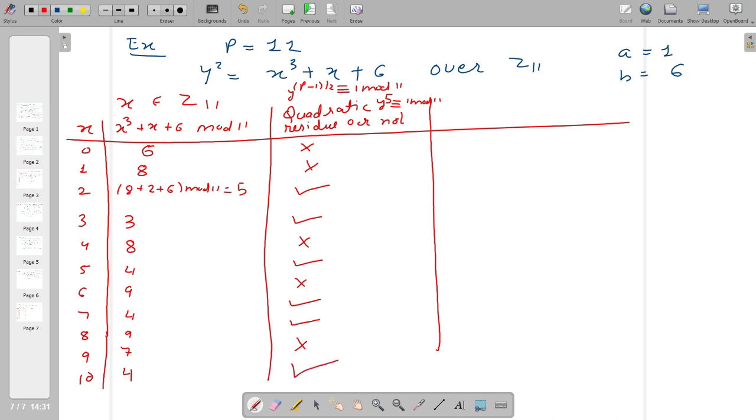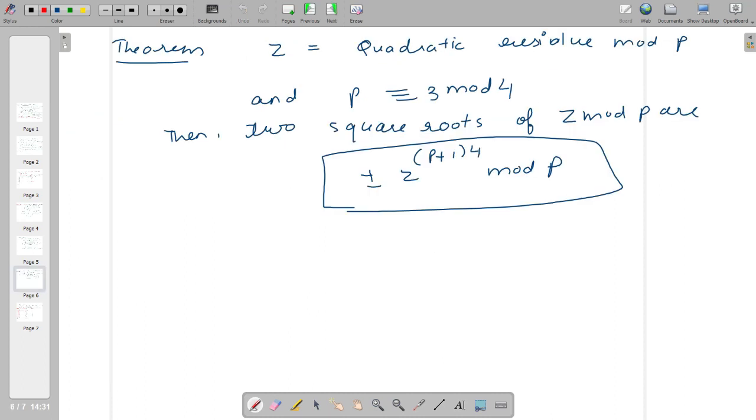For the numbers which are quadratic residues, we are going to calculate the square roots, or the points. So how do we calculate square roots? We have checked it here. Now, for example, we want to calculate the square root for 2.